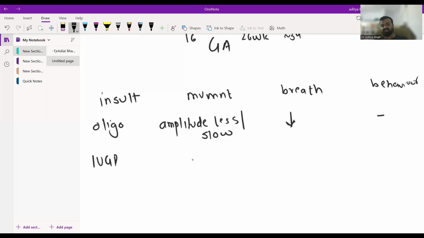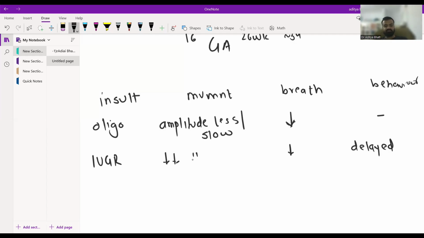Now, when you have an IUGR baby, intrauterine growth retarded baby, usually the amplitude is again less. Okay, the movements are decreased and amplitude is less, along with decrease in breathing movements, and the behavior is delayed. Obviously, as you know, IUGR occurs due to an insult, be it genetic or be it antepartum.